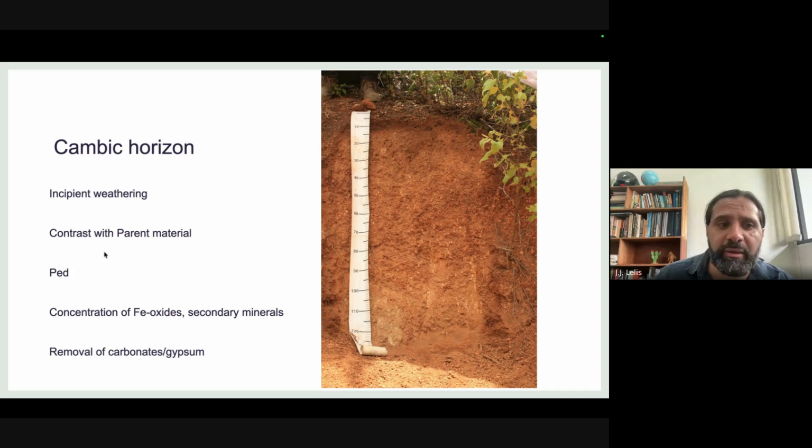Okay, this is the cambic horizon. So it expresses an incipient weathering and contrasts with the parent material. So we cannot see any strong influence of the parent material in this cambic horizon. Of course, we can see some, but not a strong influence that shows a weak obliteration of the parent material.